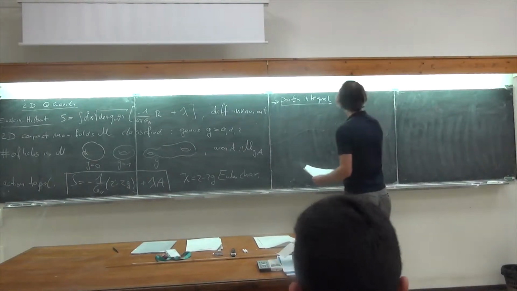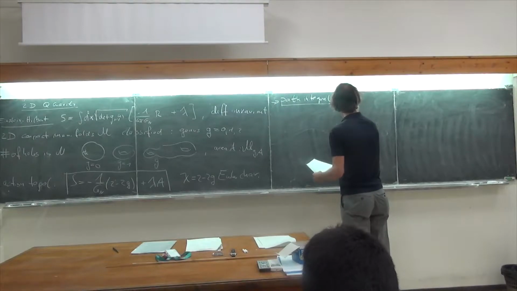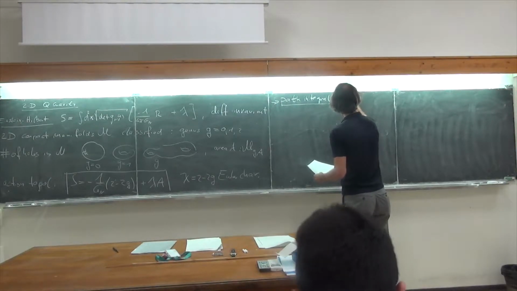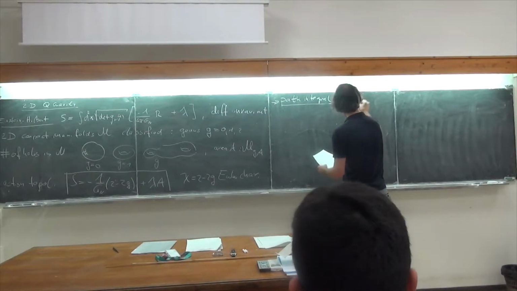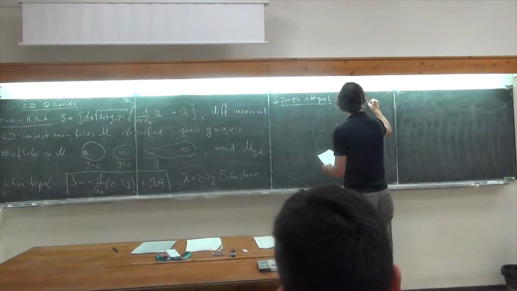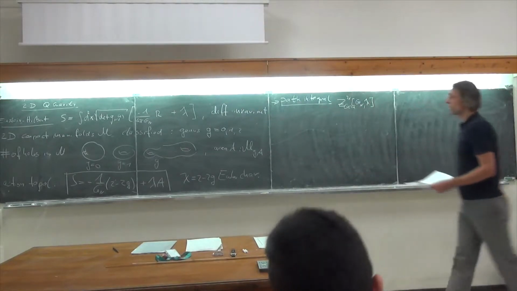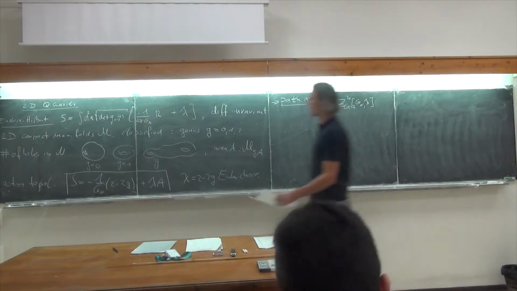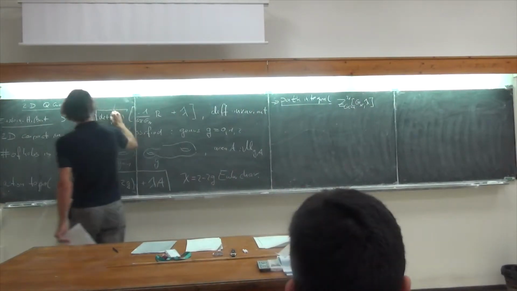So we have a partition function. Let's call it the quantum gravity partition function that depends on two couplings. And it has the metric here as a dynamical field.